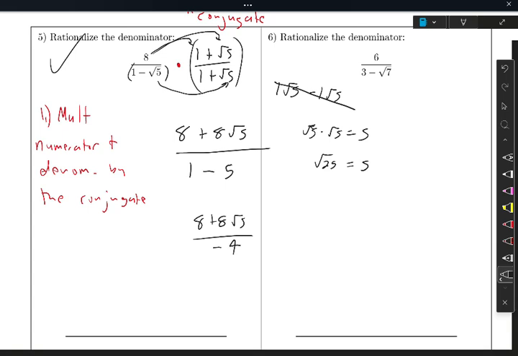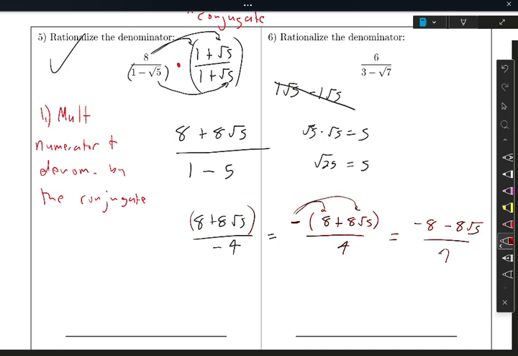And right here, we're just going to simplify this so the negative is not in the denominator. So no problem right here. I'm just going to change that to negative (8 plus 8 root 5) over 4. Just put the negative right there on the top and make sure you put it in parentheses. And then we're just going to simplify it. That's going to be negative 8 minus 8 root 5 over 4, because all I did is distribute the negative, which just changes the sign.